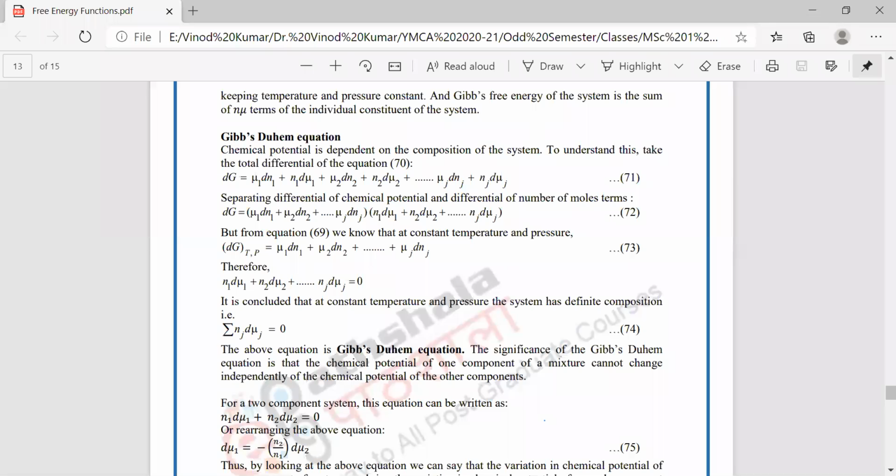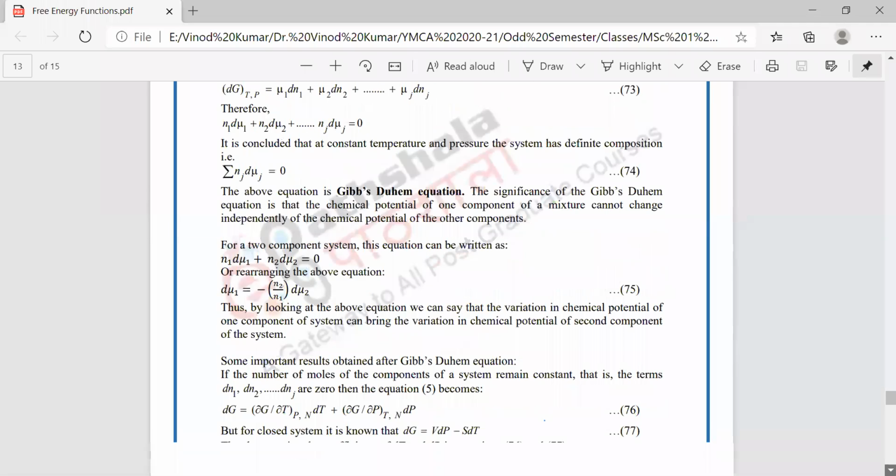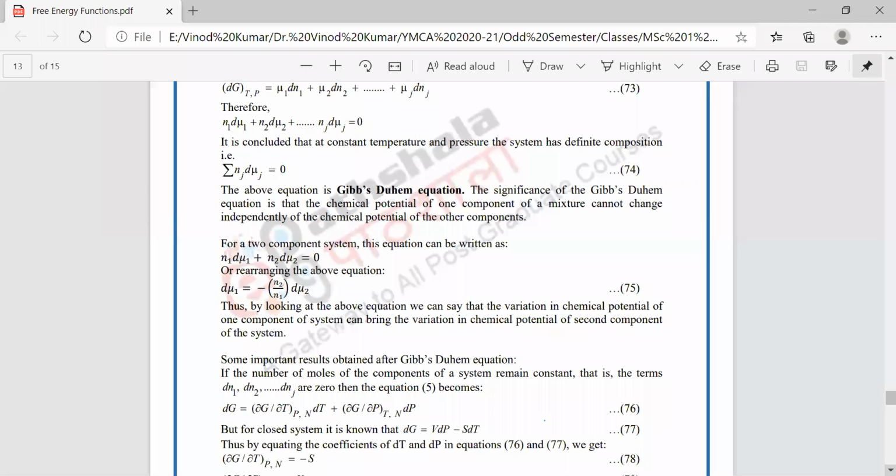The significance of this equation is that the chemical potential of one component of a mixture cannot change independently of the chemical potential of the other component. So this is the physical significance. And if we have a system of two components, then the simplified version of this equation is n1 d mu1 plus n2 d mu2 equal to 0, because we are not going to the jth component.